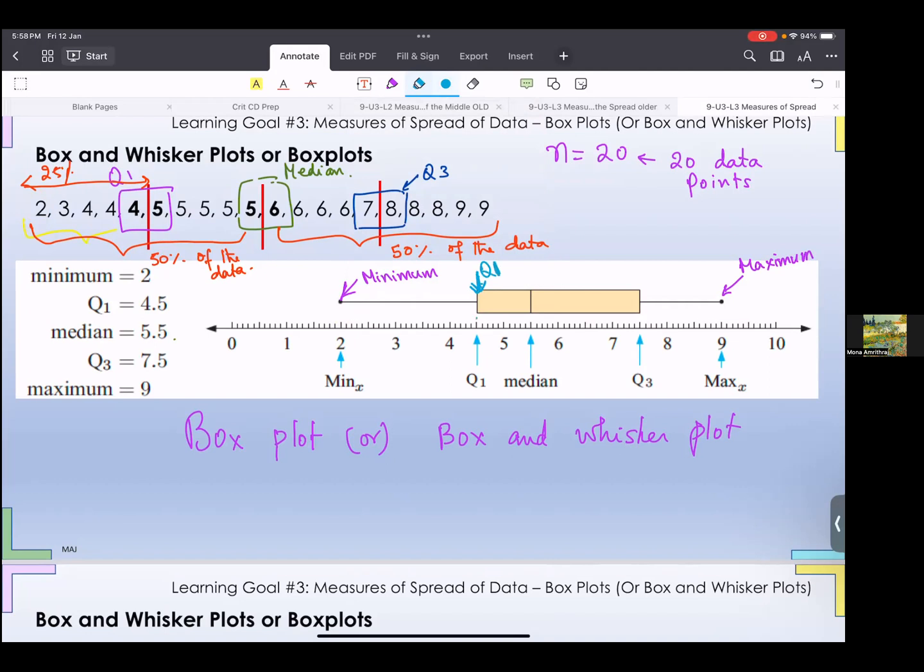And the upper quartile is on the right side of the box. That is Q3, and that is 7.5.